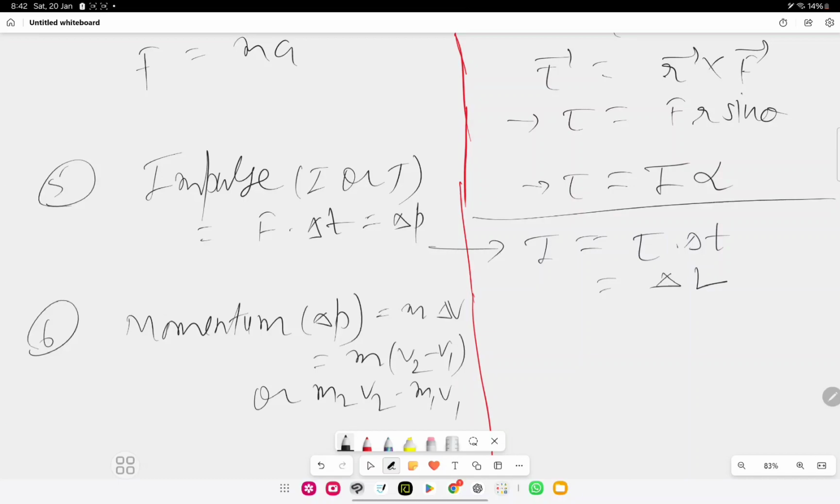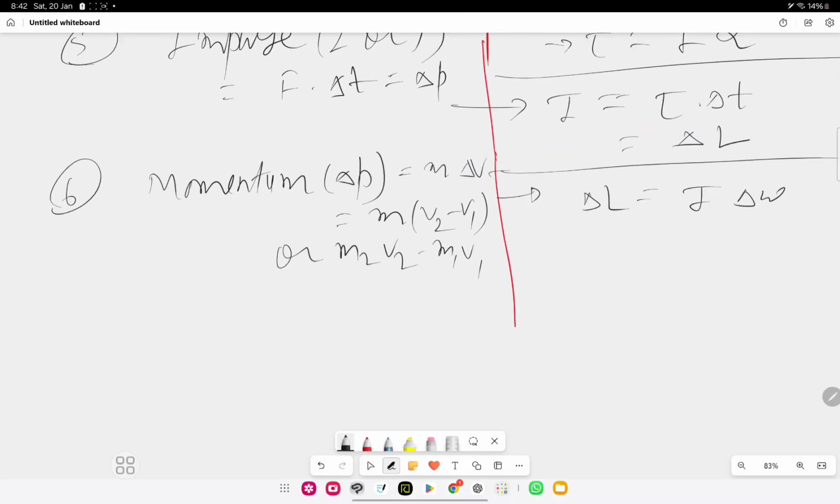In angular motion, what is the change of momentum? It is the change of angular momentum. In place of mass we write I, and in place of delta v we write delta omega. So this is the change of angular momentum, and angular momentum itself we write as I into omega.